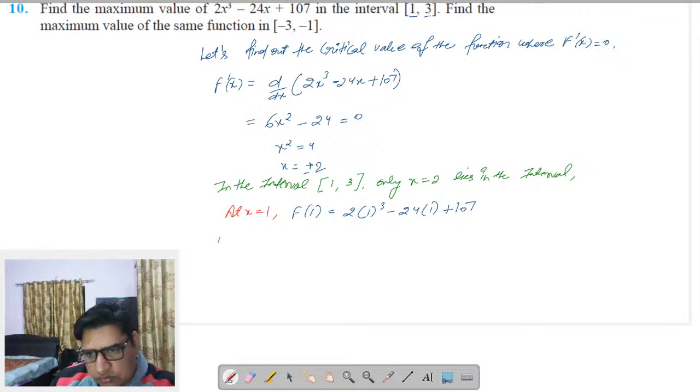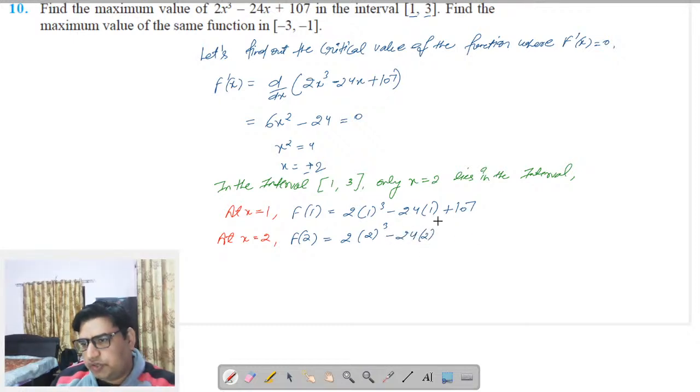At x is equal to 2, f2 will be 2 into 2 cube minus 24 into 2 plus 107.